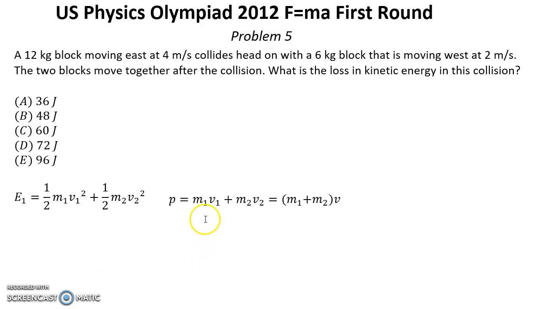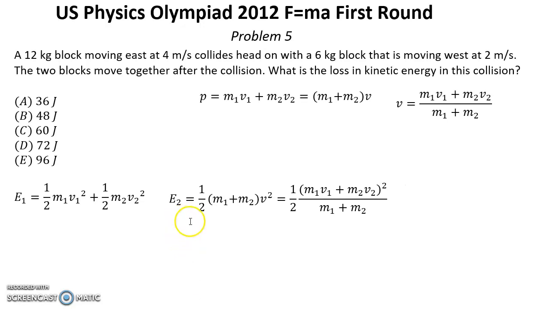Initial momentum equals m1 v1 plus m2 v2, which equals the final momentum, m1 plus m2 multiplied by the common speed v. From here we can find what this final speed v is. Final speed equals this expression, and now we can find what the final energy is.